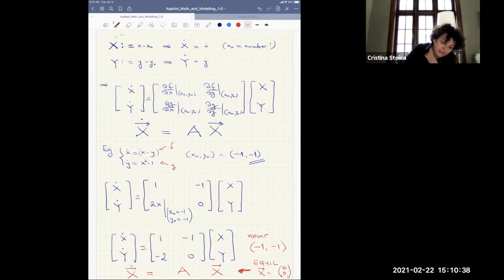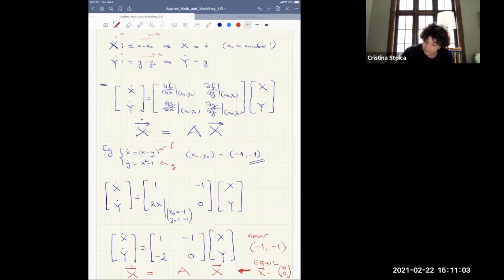This is 0, this is 0. In other words, little x is x naught and little y is y naught. So the equilibrium at 0, 0 in the linear system corresponds to our equilibrium x naught, y naught in the original system, because we just did that shift. All we did there was a little shift to move our origin to x naught, y naught.